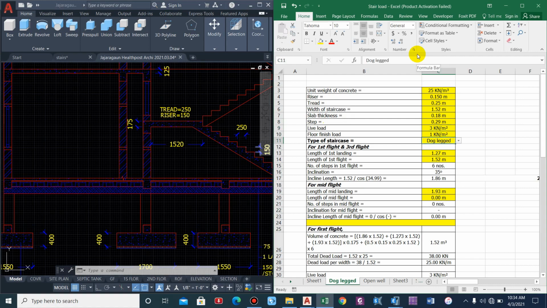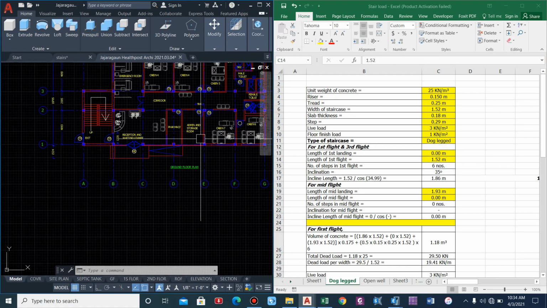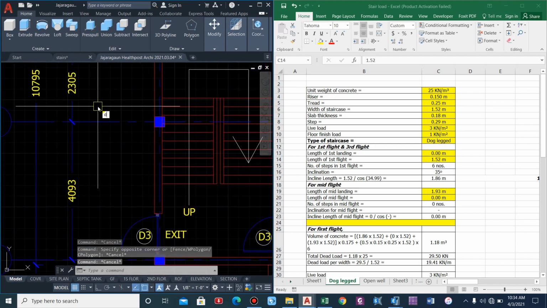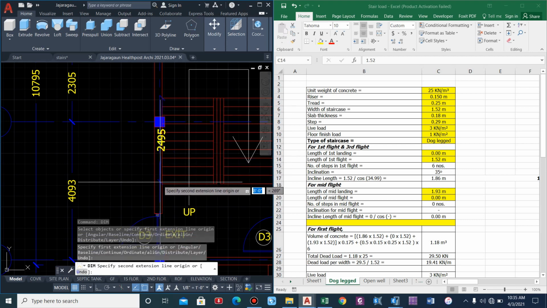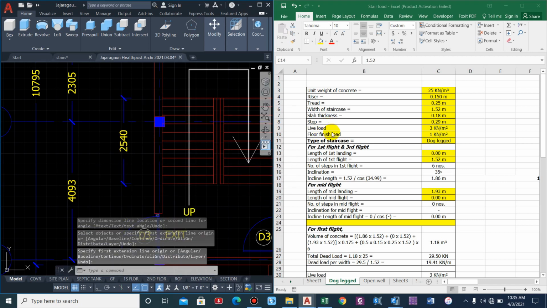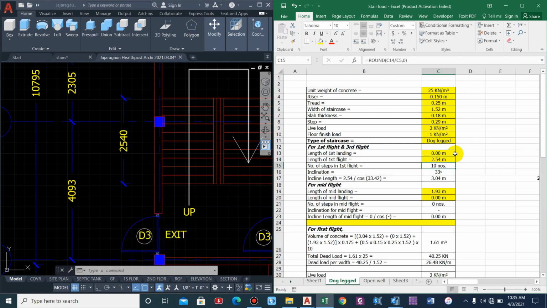So this is a dogleg staircase, and the length of the first landing is 0 meter, as we are not considering the first landing. Similarly, the length of the flight is 2.540 meter.